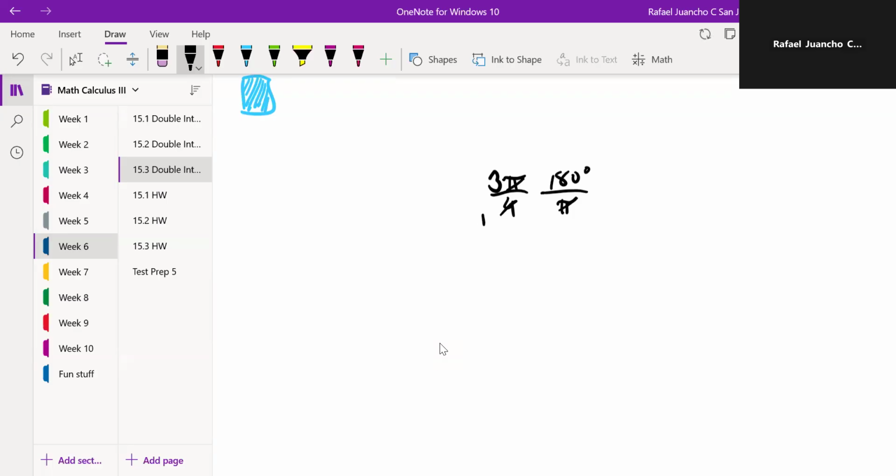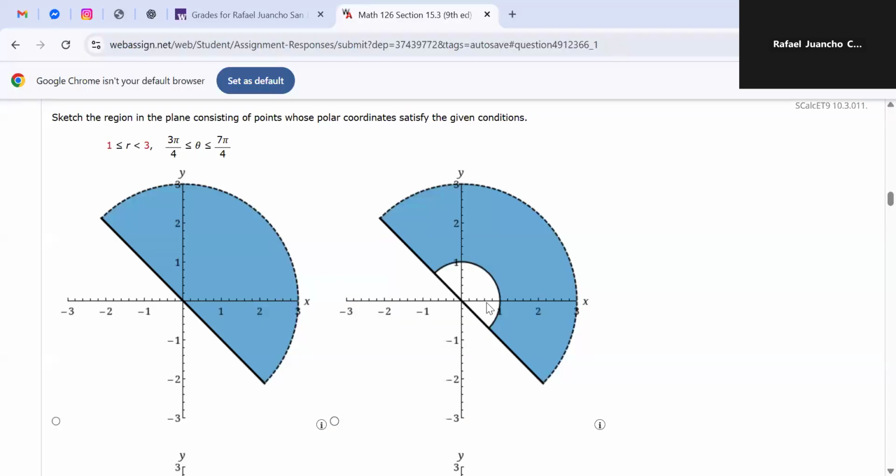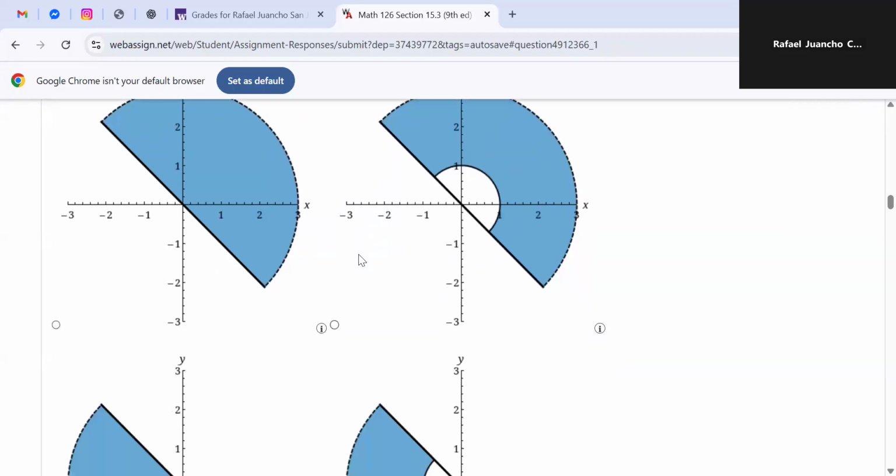This becomes 1, this becomes 45. So it's 135 degrees in the positive direction. So somewhere 135 degrees would be here-ish. This is 180, flat is 180.